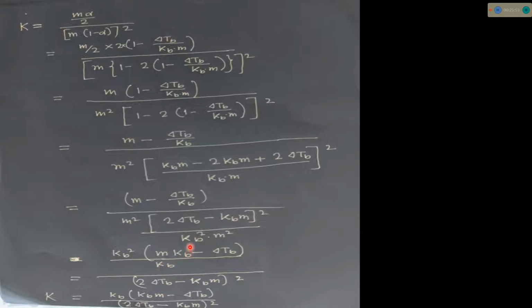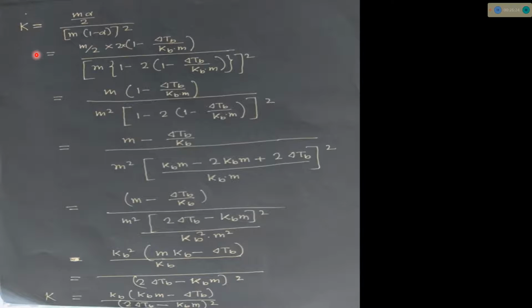And in the numerator only 2 del Tb minus kbm whole square. Now from this kb square, 1 kb will cancel out. So we can write kb into m minus del Tb upon 2 del Tb minus kb into m whole square. So this is the actual relation of the equilibrium constant of the dimerization process. So this is the whole calculation.